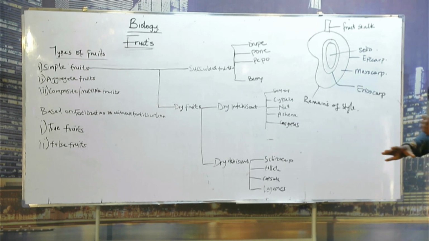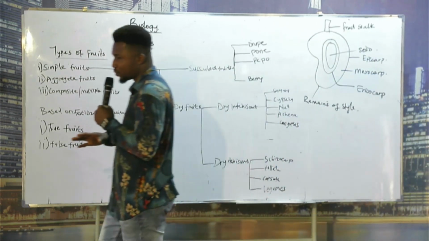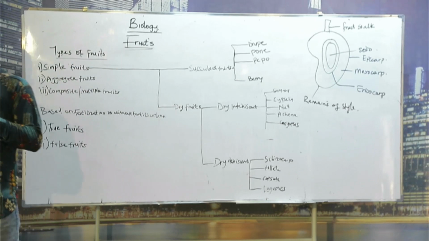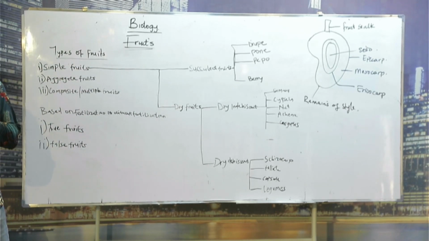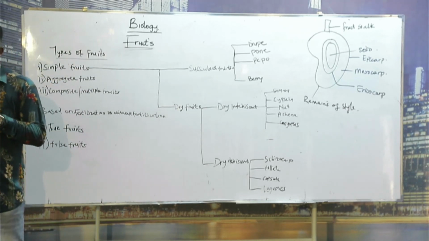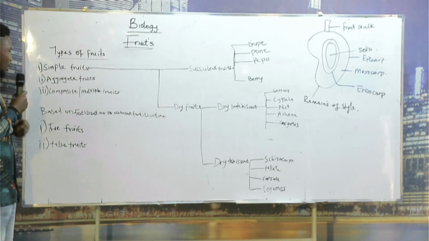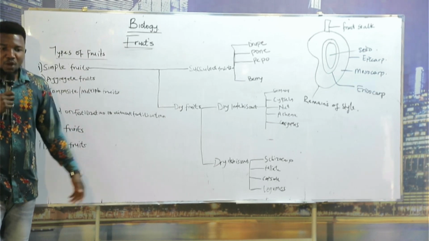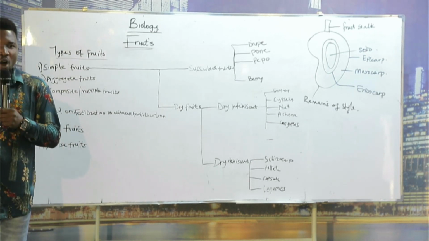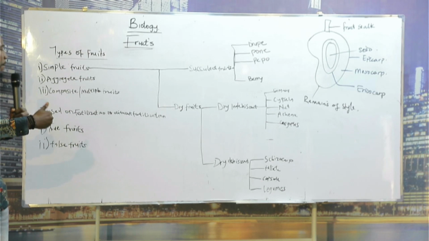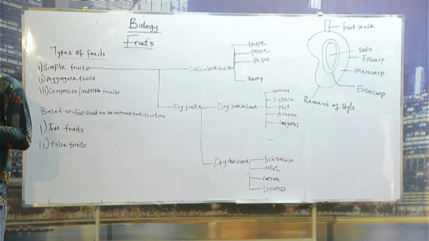Example is mango. Orange is an example. Grape is also an example. Guava is also an example of true fruit.